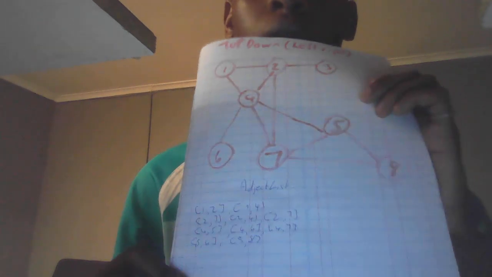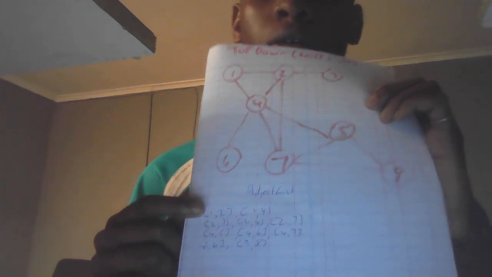There's also a thing that we call an adjacency list. An adjacency list is where we check the connections of our graph. Please give me a minute because I didn't write that down. Here's an example of an adjacency list.